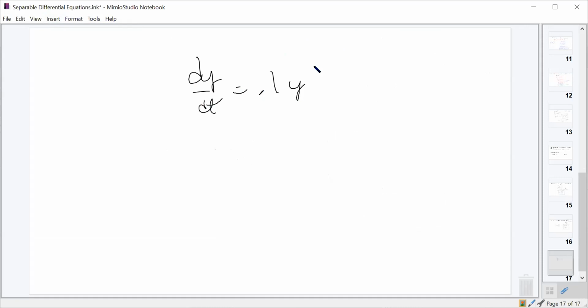Well, in this case, it'd be growth because it's positive 0.1, but yes, it would be exponential change. But if I gave you something like this, dy/dt equals 0.2t, what sort of growth would that be?